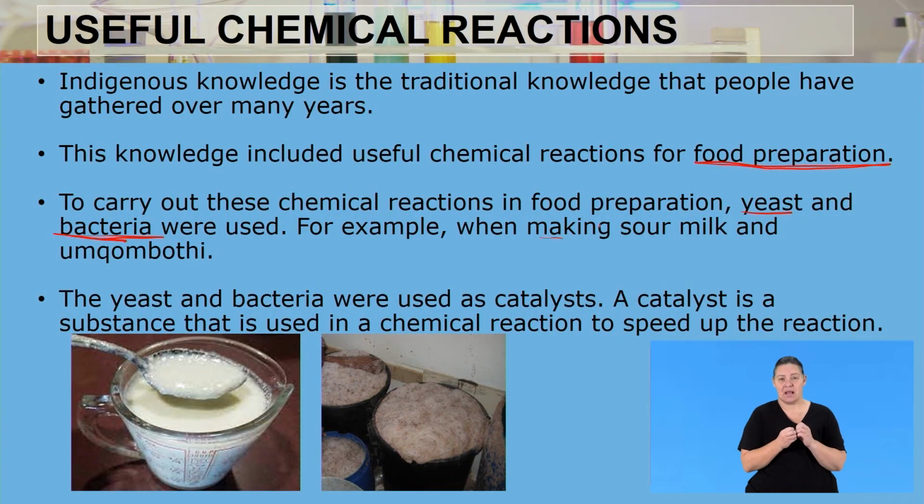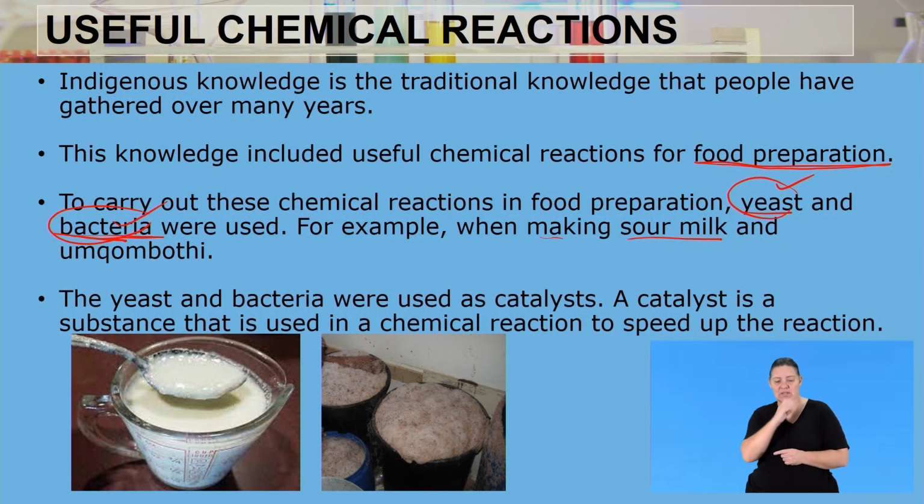For example, when they're making sour milk and umqombothi, they make use of yeast, which speeds up the chemical reaction. So basically, the yeast and the bacteria are used as a catalyst in those reactions.